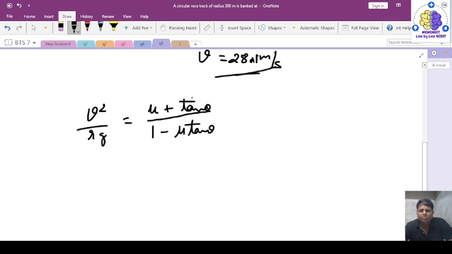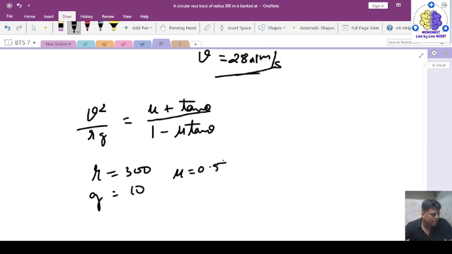Again, putting the values, we put r equal to 300, g equal to 10, and mu has been given to us as 0.2, and tan theta is equal to tan 15, right?